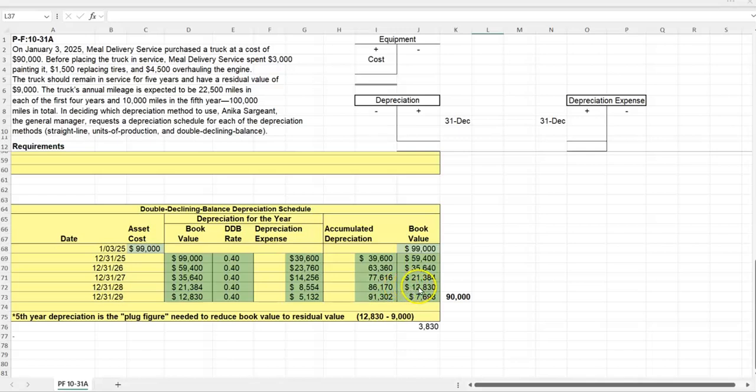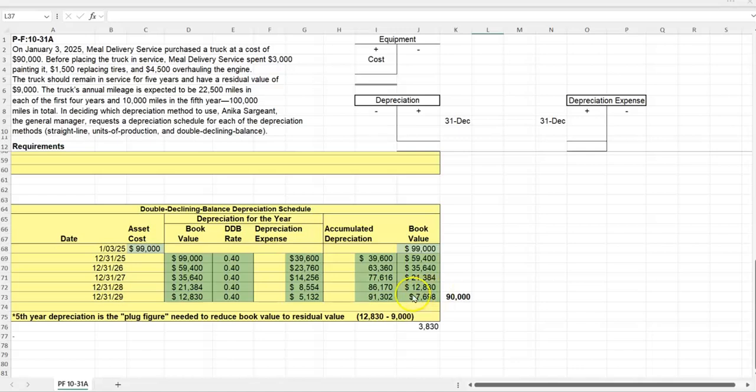So book value at that point is 12,830. If we do it again in the fifth year, we come up with 5,132, and you notice the accumulated depreciation now is 91,302. We can't go below 90,000.